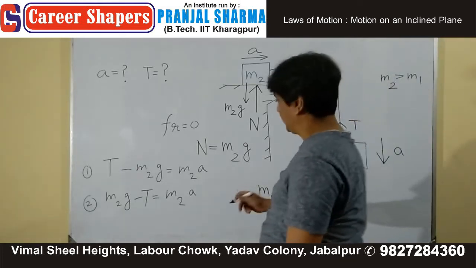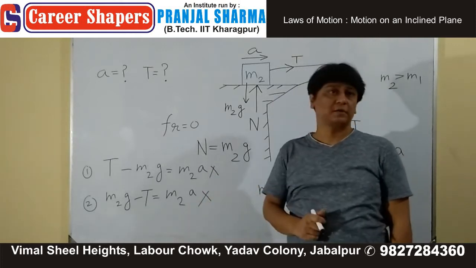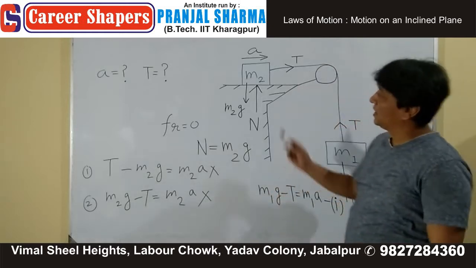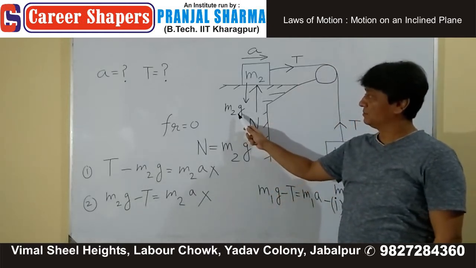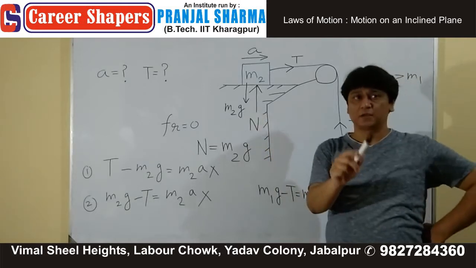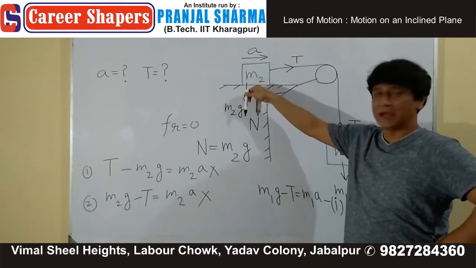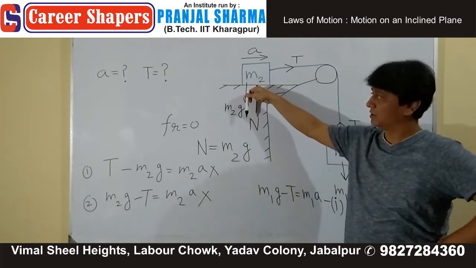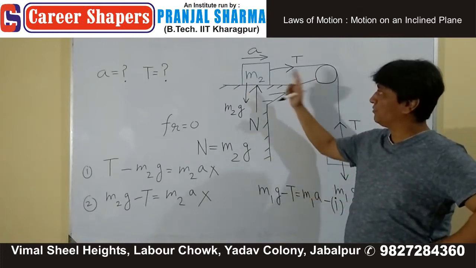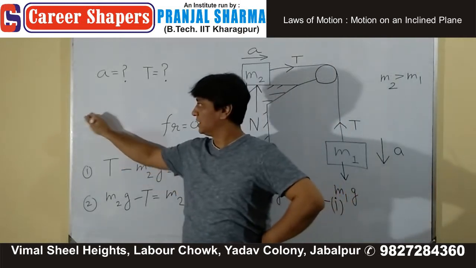कुछ लोगों ने आइडेंटिफाई कर लिया. They both are not correct. Why? ये जो m2g है, इसके इफेक्ट को किसने खत्म कर दिया? N. N is balancing what? m2g. And therefore, only force acting on m2 is what?